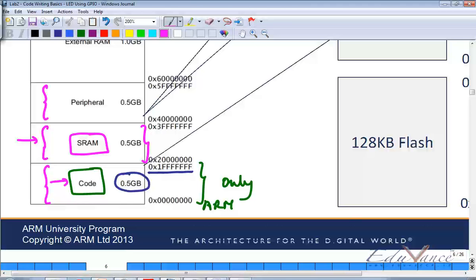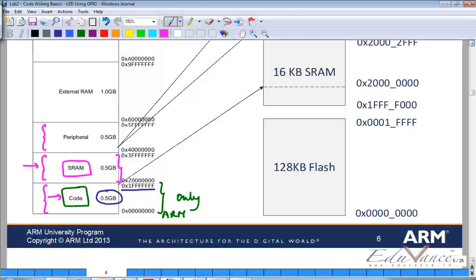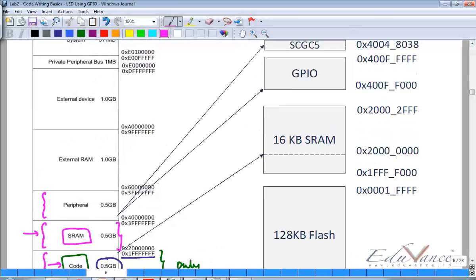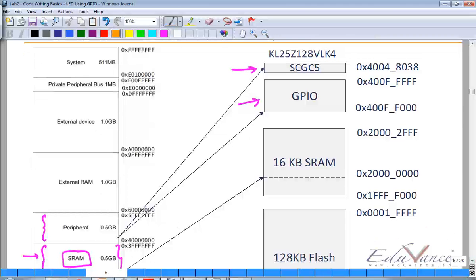Then your next 0.5 GB addresses are reserved for your peripherals, which include your GPIO and also your SCGC, the system clock gating control register. There are multiple such registers.